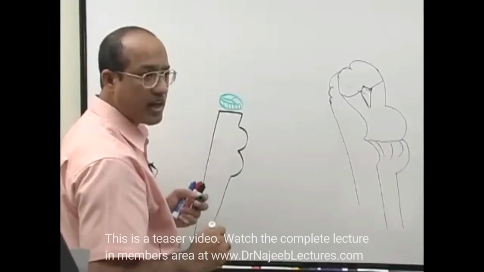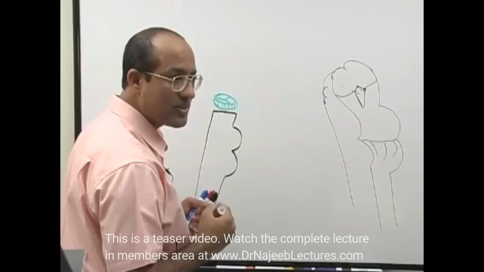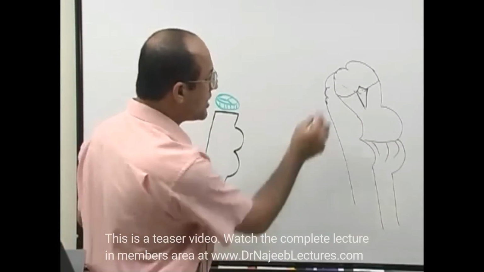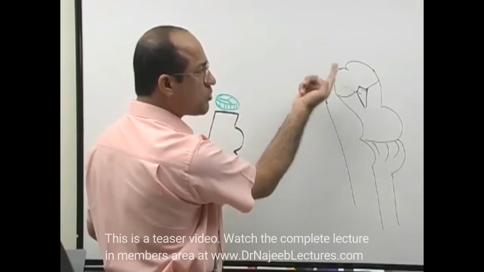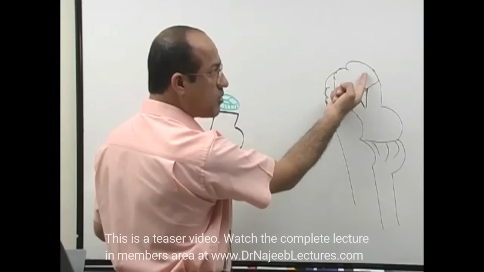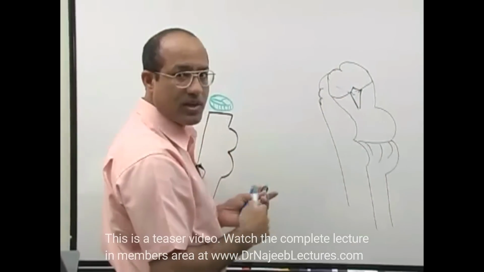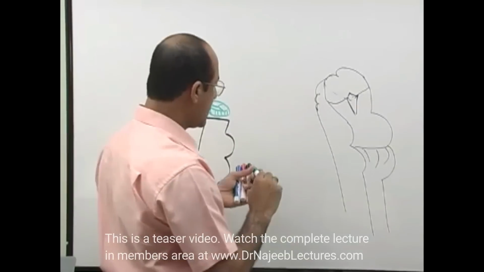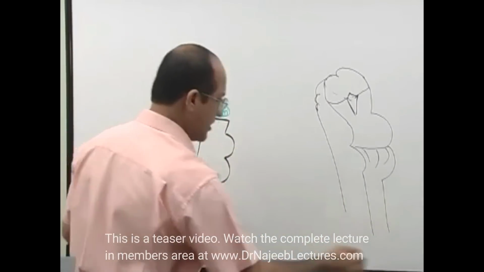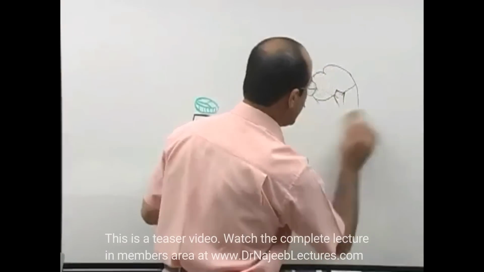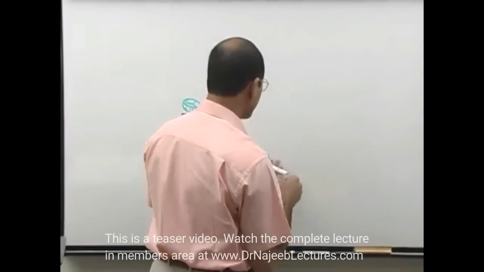But how many thalami are there? There are two thalami. One thalamus is superior to this part of the midbrain, the other is superior to that part. Let me draw a different view.